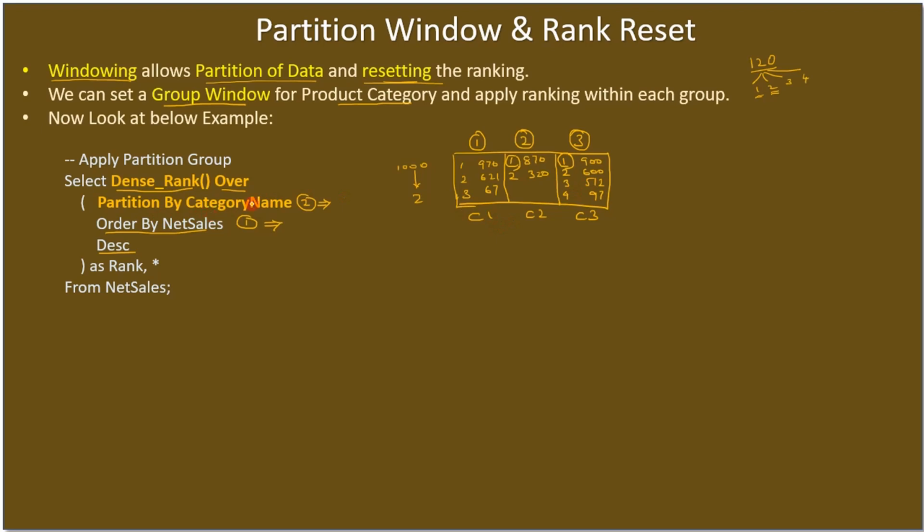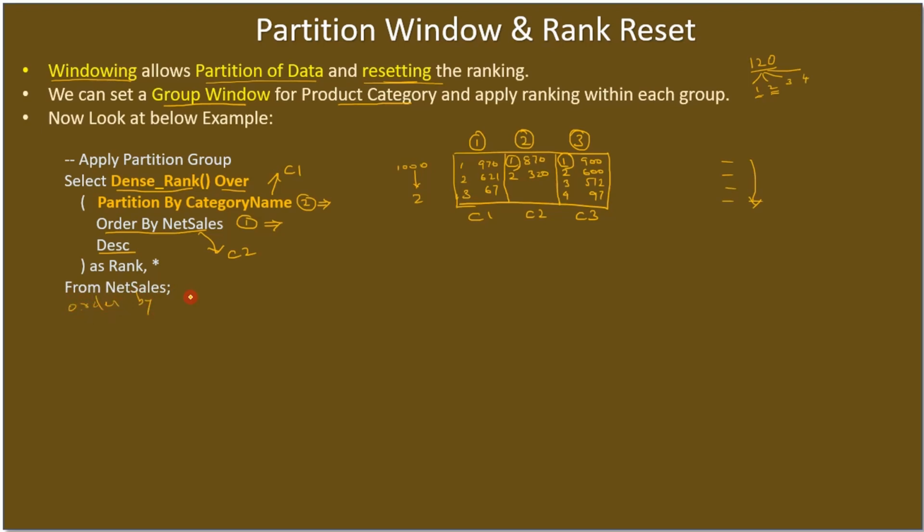Here we are grouping based on column 1, which is category name, and performing ranking based on column 2, net sales. If you use ORDER BY with some other column name here, then after doing all this, the result will be sorted and displayed to you based on whatever column you specify in the ORDER BY clause.